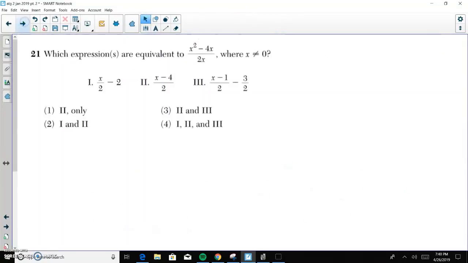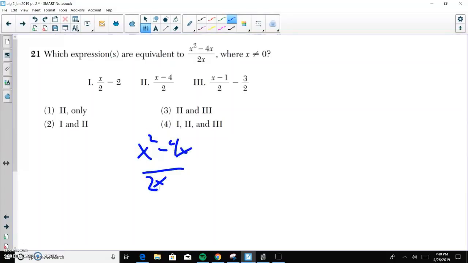All right. Number 21. Which expressions are equivalent to x squared minus 4x over 2x, where x is not equal to 0? All right. So the first thing we should do is factor this. What do x squared minus 4x have in common? X. Then in the parentheses, x minus 4.